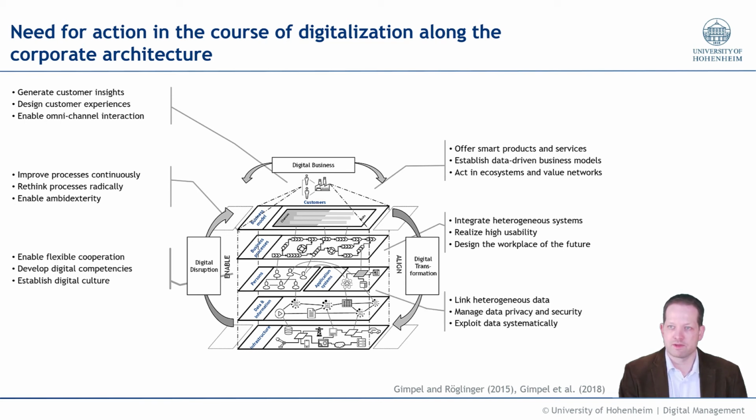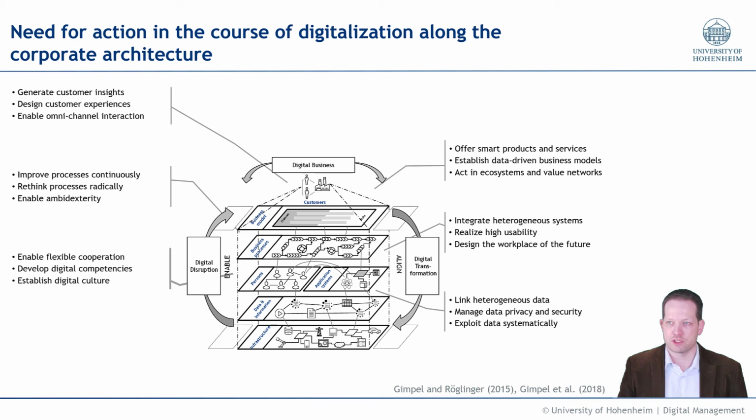If we move one level down to the data and information layer, then it's about linking heterogeneous data, like we had on top of that with the application systems where we integrated heterogeneous systems. You have many different pools of data in the companies, and linking these together enables you to get more value out of the data. Besides that, you need to manage data privacy and security.